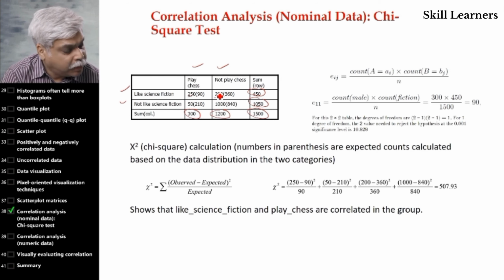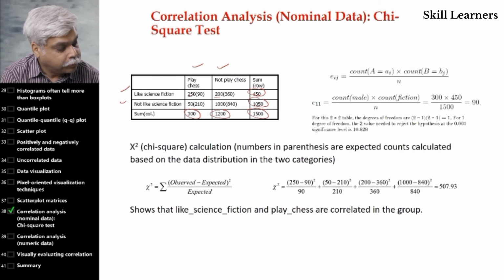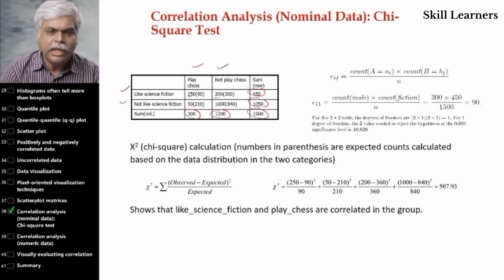So ignore the parenthesis numbers for now. 250 plus 200 gives 450, 250 plus 50 gives 300, etc., etc. Are these variables associated? Is there a relationship or a co-relationship between liking science fiction and playing chess?